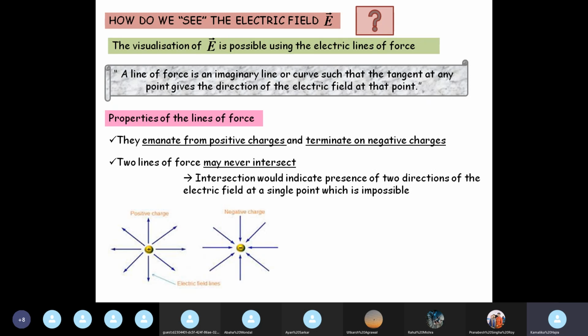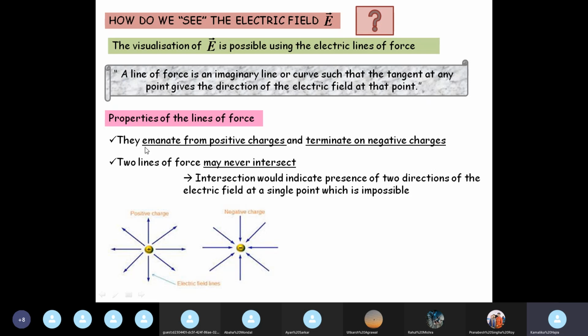So basically, this is the visualization. This is a positive charge, and you can see electric lines of force are coming out. This is a point charge. So basically, you have lines of force moving in all directions, radially outwards. So it's a spherical direction. And if you have a negative charge, then the lines of force will come and terminate on it.